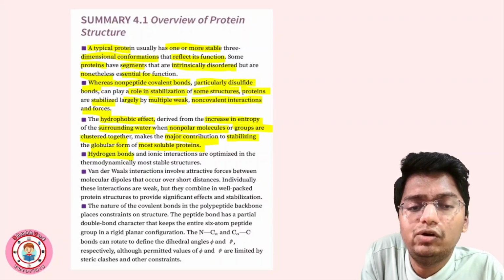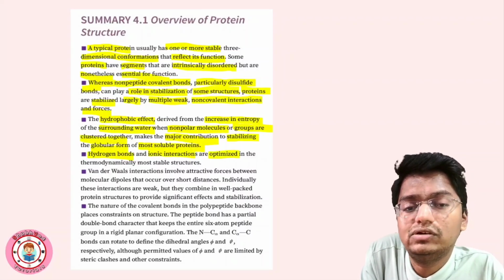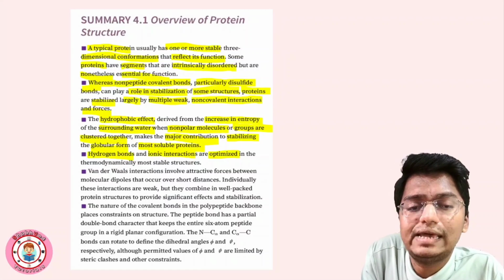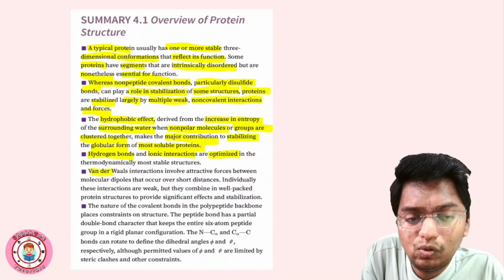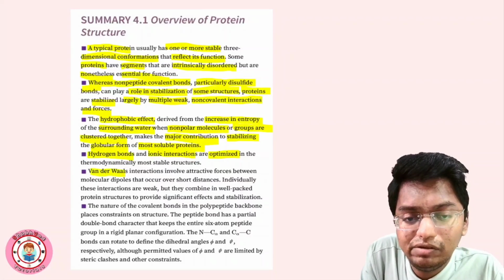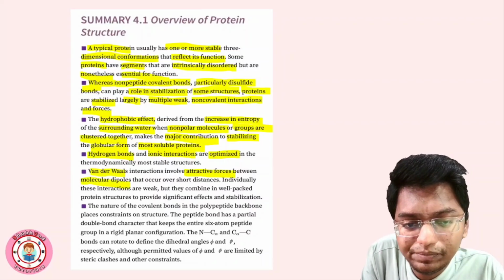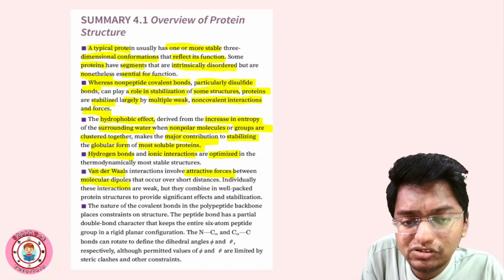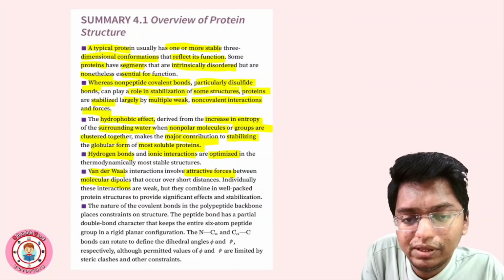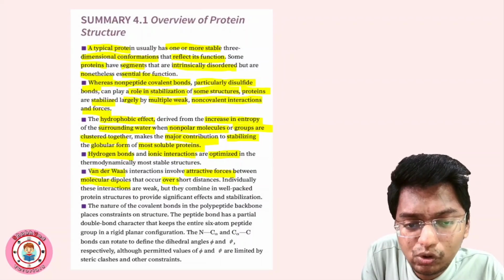Next point, hydrogen bonds and ionic interactions are optimized in the thermodynamically most stable structures, right? So there is optimization of hydrogen bonds as well as ionic interactions. Next is van der Waals interaction, which involves attractive forces between molecular dipoles. Okay, van der Waals interaction is also very important, right? Over short distances.